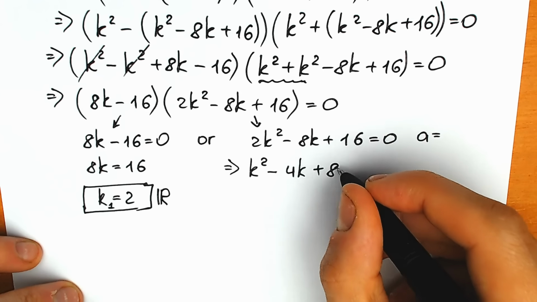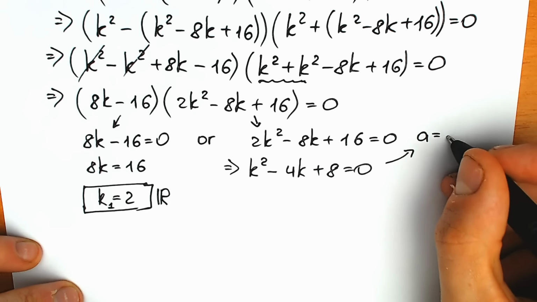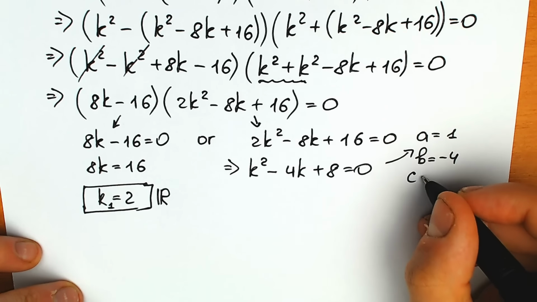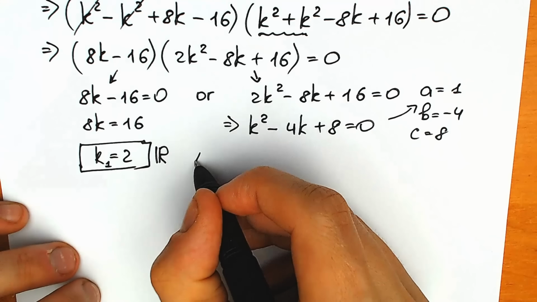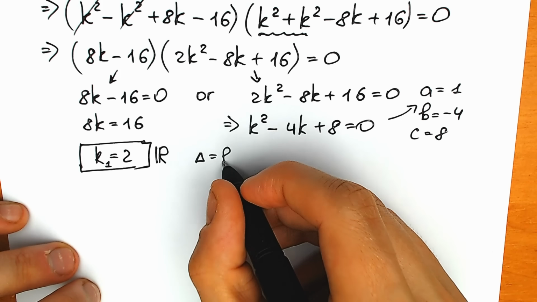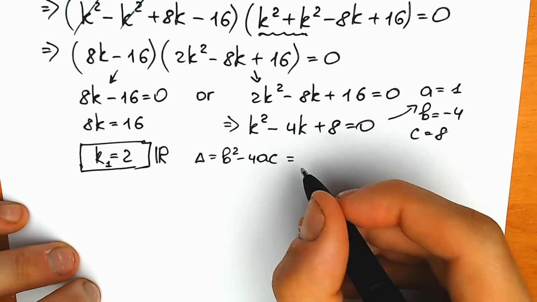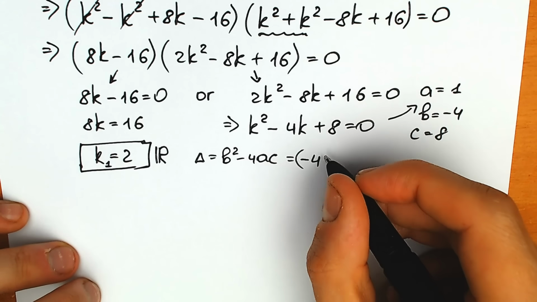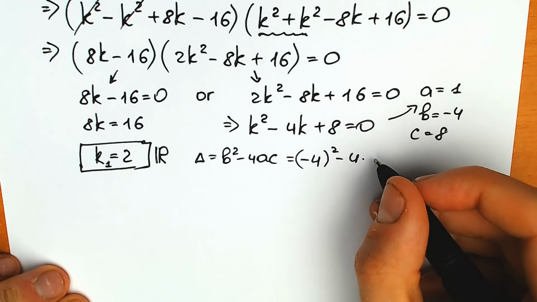8 equal to 0. So right now our coefficient a equals 1, b equals minus 4, and c equals 8. Right now let's solve it for the discriminant. So discriminant equals b square minus 4ac, so minus 4 square minus 4 times 1 times 8.